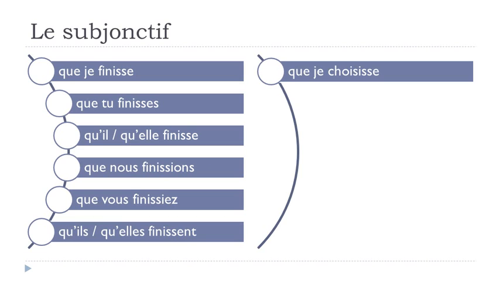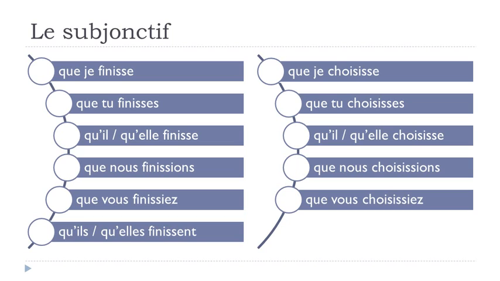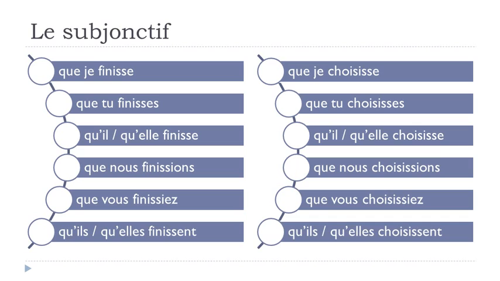And then, que je choisisse, que tu choisisses, qu'il choisisse, qu'elle choisisse, que nous choisissions, que vous choisissiez, qu'ils choisissent, qu'elles choisissent. Alright? So the good thing is that for the second group of verbs, basically you don't have any major difference between the je, tu, il, elle, nous, vous, and il, elle. You've got the same first part, okay? You just need to put the endings after. Alright?